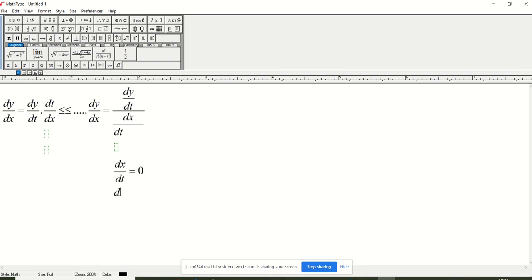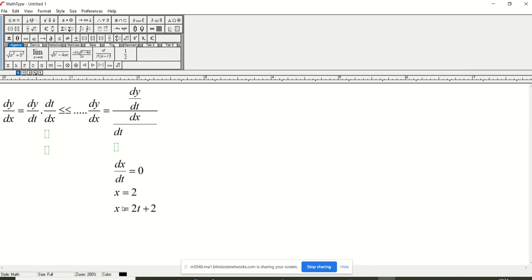This means that x equals just a constant number. Let us say 2. The derivative of a constant number is 0. So it shouldn't be a constant number. We are talking about x being a function in terms of t.